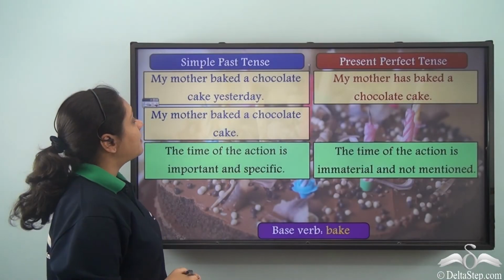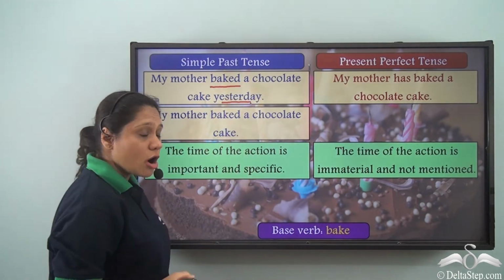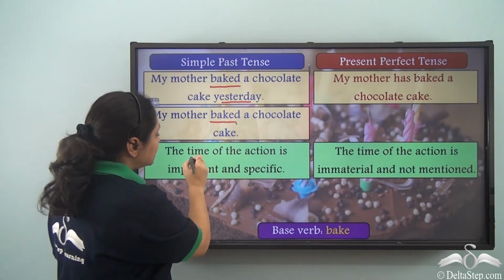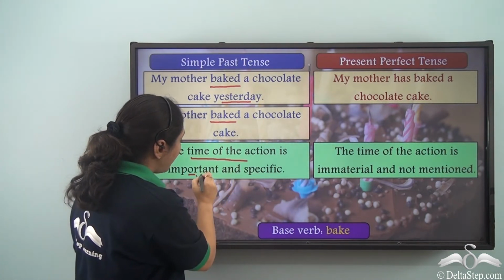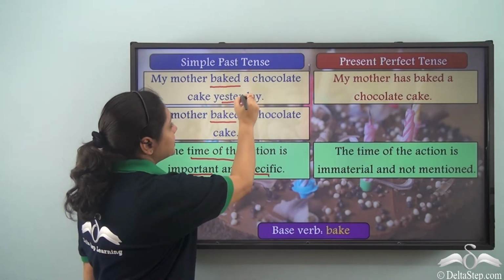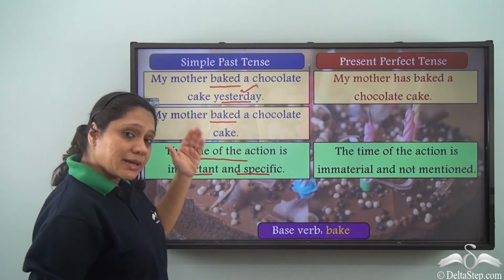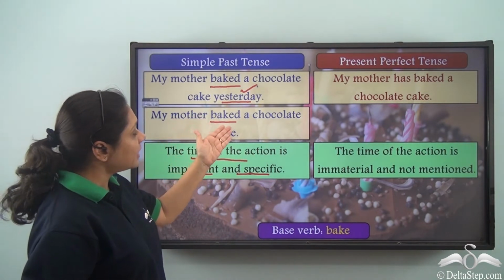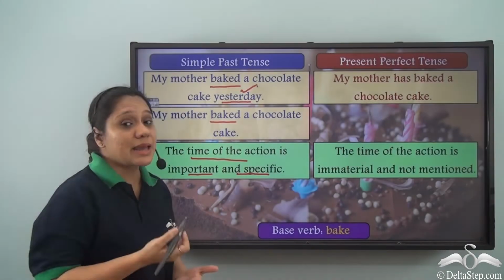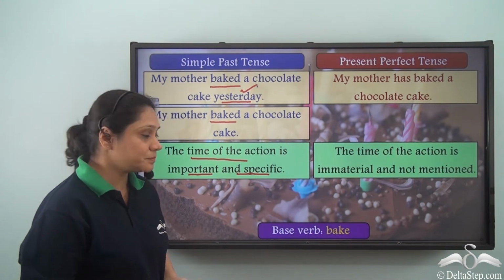When we say my mother baked a chocolate cake yesterday or my mother baked a chocolate cake, the time of the action is important and specific. In the first case, it is specific, yesterday. Even in the second sentence, my mother baked a chocolate cake, the time is not mentioned, but it is implied that she baked it at a particular time.